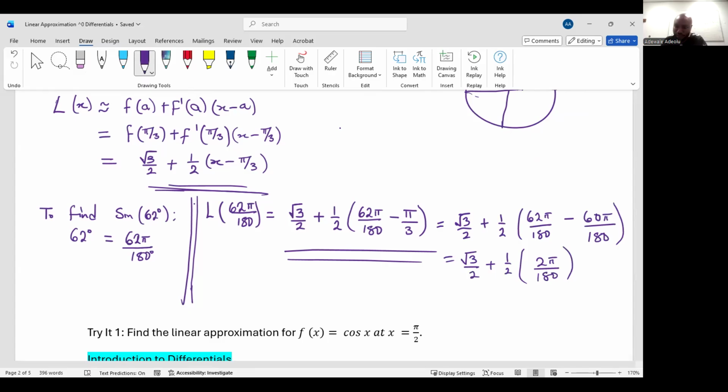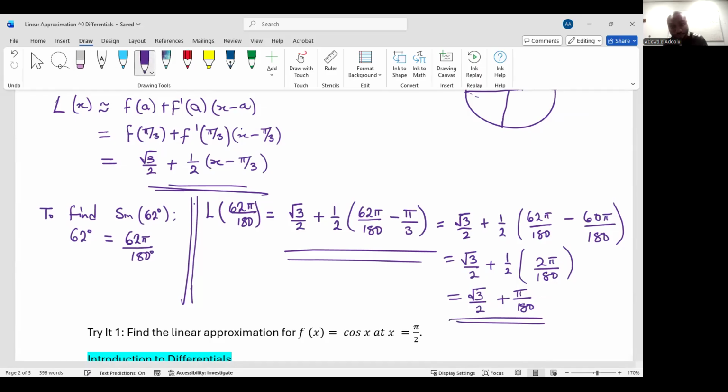So that is root 3 over 2 plus pi over 180. Just leave your answer this way, because we are not using a calculator in the class. It's fine this way.